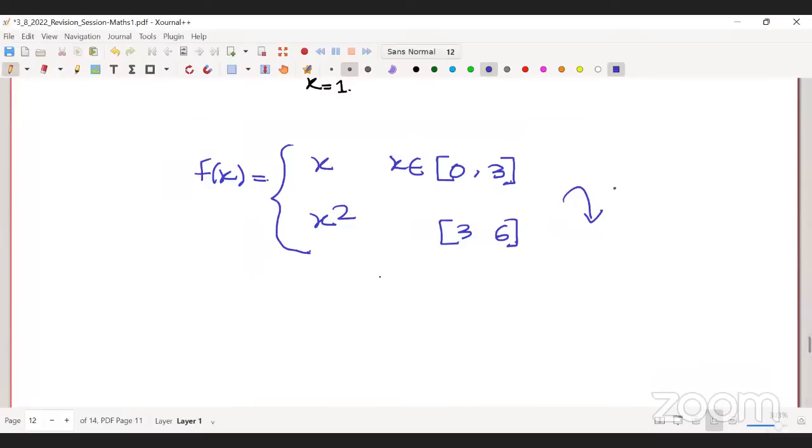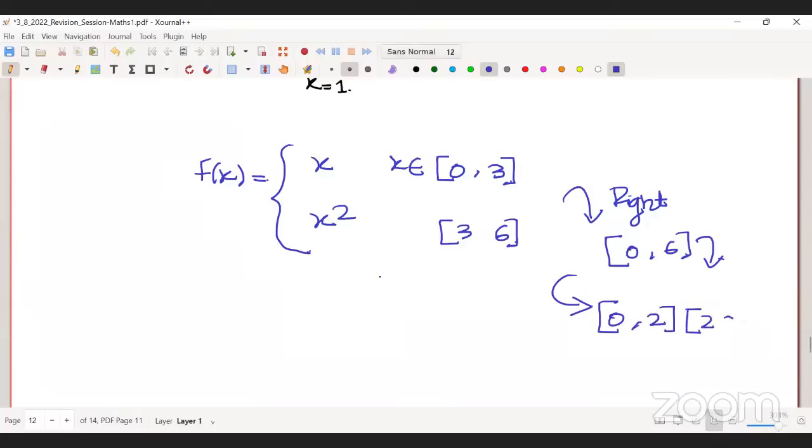You want to find the right Riemann sum on the interval 0 to 6 by taking 3 subintervals of equal length. Each interval has length 2: 0 to 2, 2 to 4, and 4 to 6.